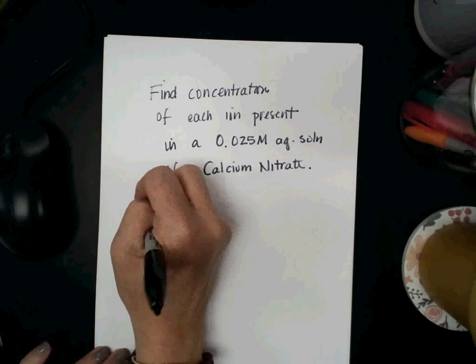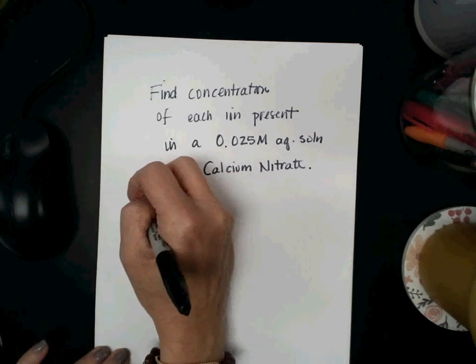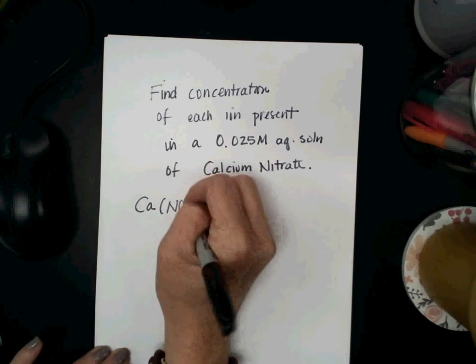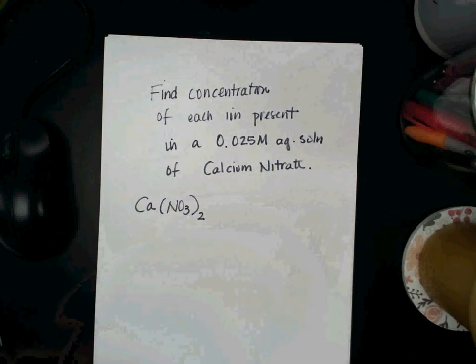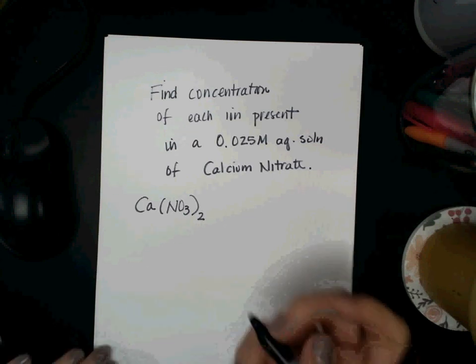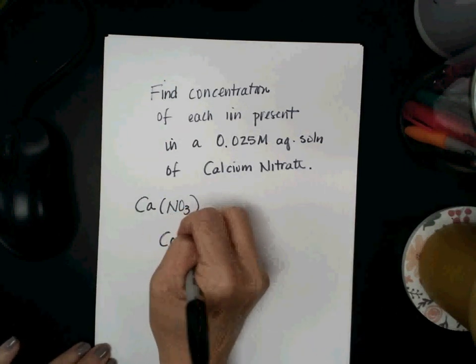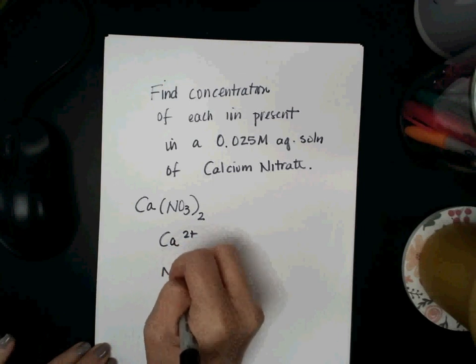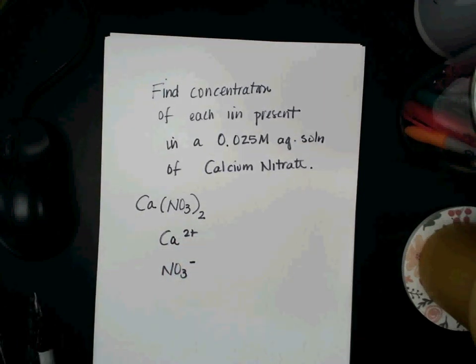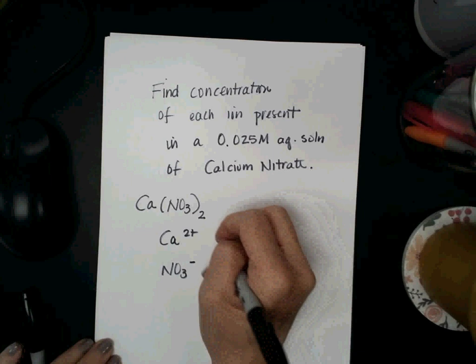Okay, what's my chemical formula for calcium nitrate? Okay, and I have a 0.025 molar. So let's look at my calcium ions and my nitrate ions, because I asked you about ions. What's the molarity of my calcium concentration? 0.025.